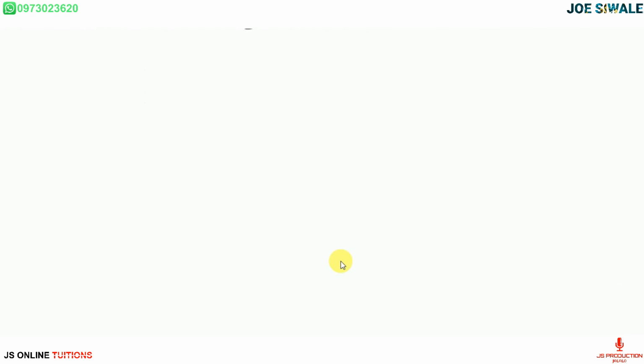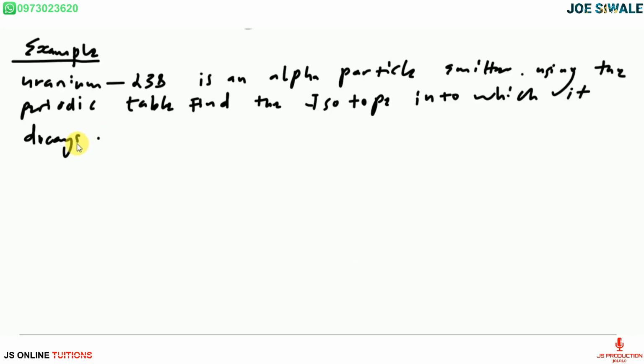So under the alpha decay, let us look at an example. The question reads, uranium 238 is an alpha particle emitter. Using the periodic table, find the isotope into which it decays. So we can first of all write the symbol of uranium.